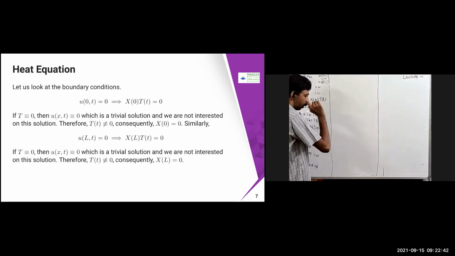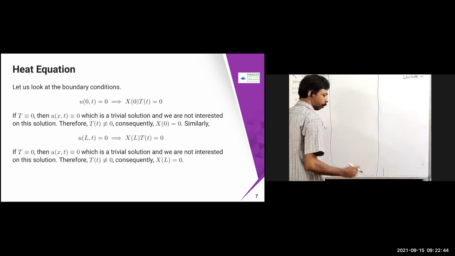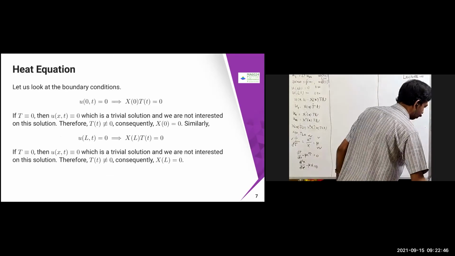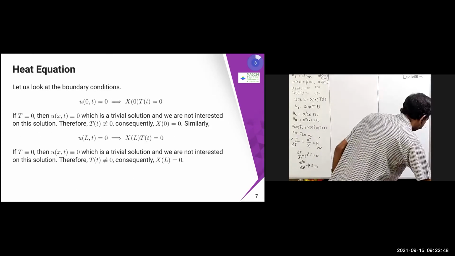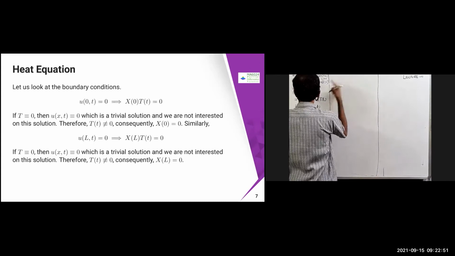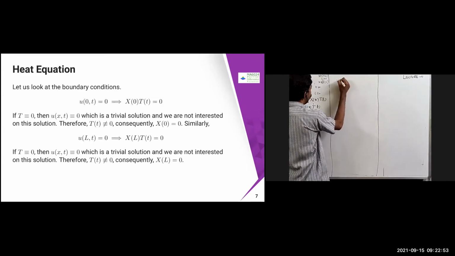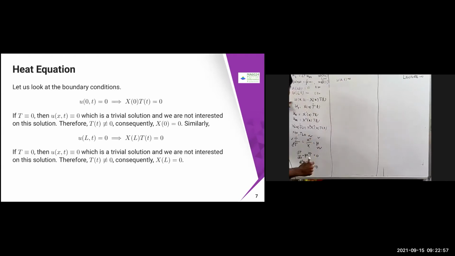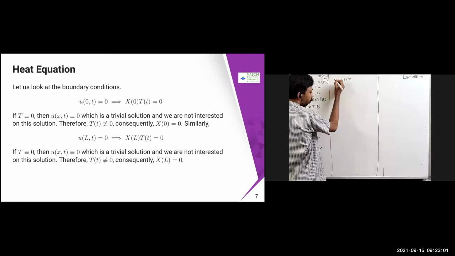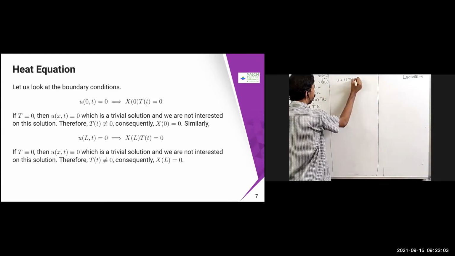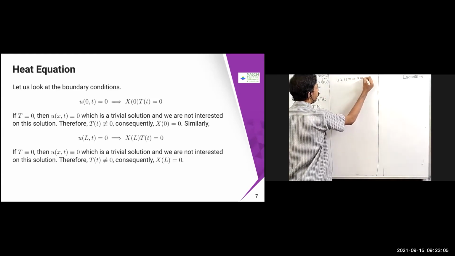Now what I have is u of 0 comma t equal to 0. Since u of x comma t equals X of x into T of t, if I apply that, this becomes X of 0 into T of t equal to 0.